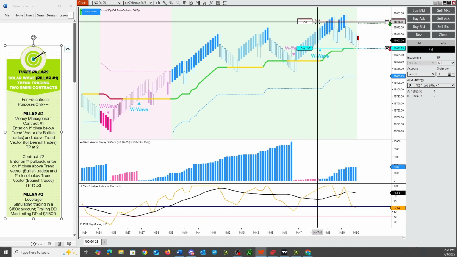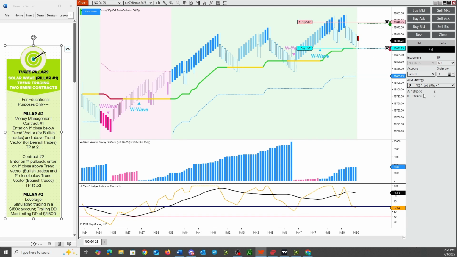And we're going to trail just in case it doesn't get down there and it turns up, because we're still accumulating long volume. Missed it by that much.